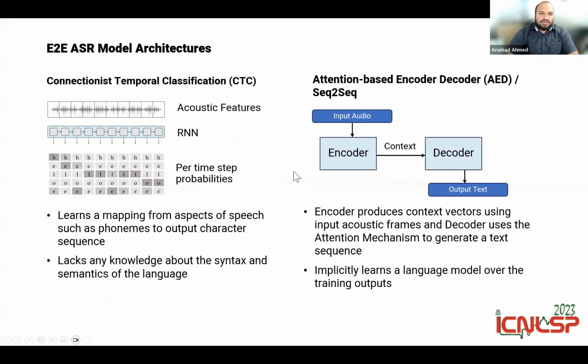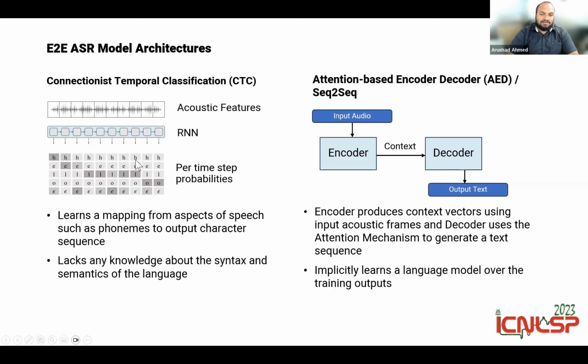Next we'll look at different ASR model architectures. One architecture is the connectionist temporal classification, or CTC, based model. This is an explicit alignment model, which essentially learns a mapping from different aspects of speech to output character sequences over an output vocabulary.